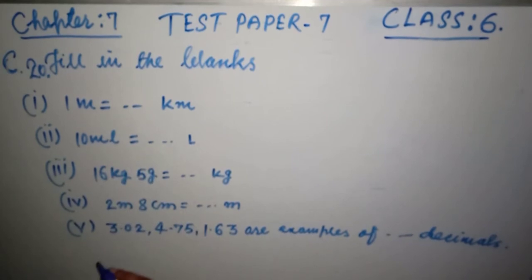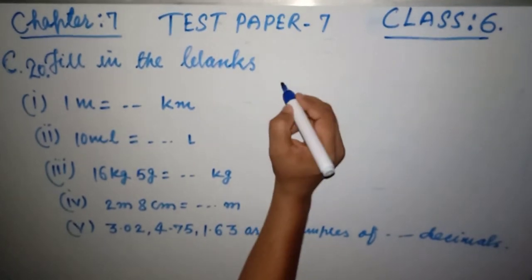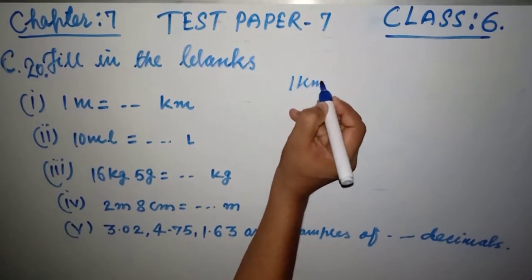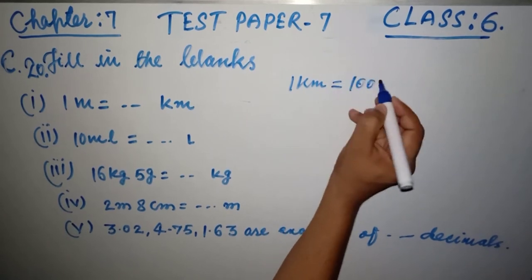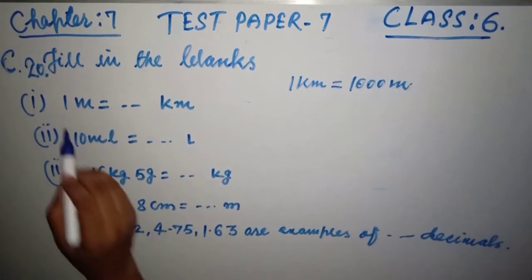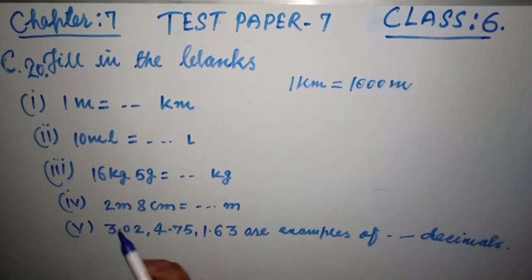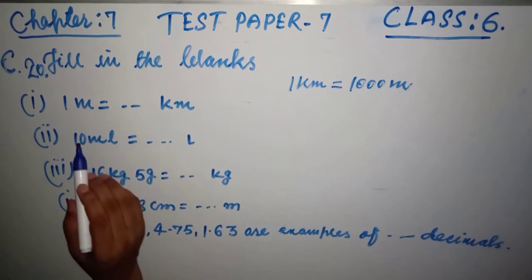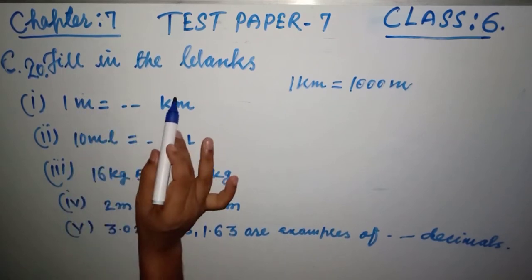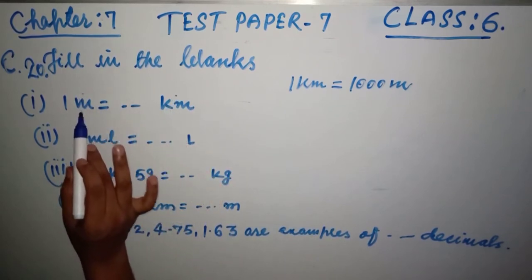In 1 meter, how many kilometers will there be? This question is just the reverse, because we know friends that 1 kilometer is equal to 1000 meters. But this question says, in 1 meter how many kilometers can there be. Look at it, friends: this is meter and this is kilometer, and we have to move from meter to kilometer.